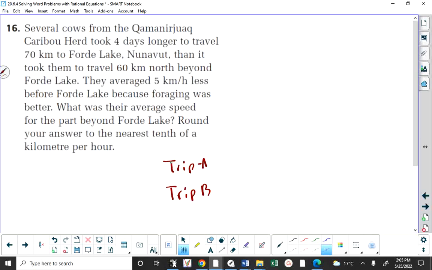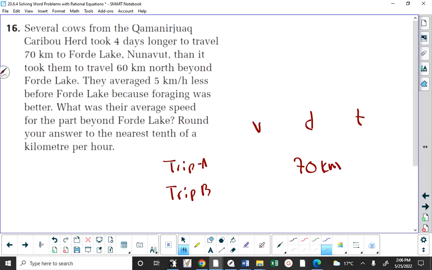It's just saying that you took the herd to Ford Lake. But the bottom line is there's part of the trip that took 4 days longer. And that trip, speed, distance, time, is 70 kilometers.